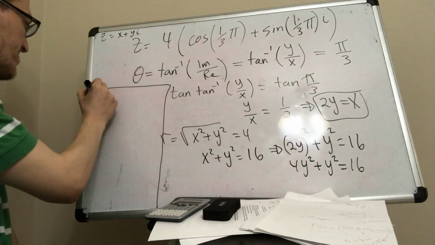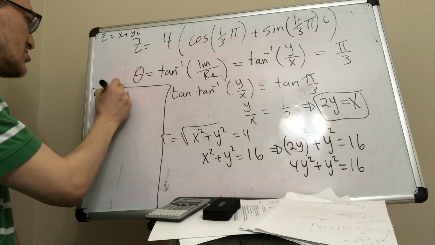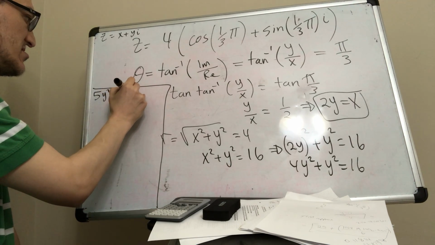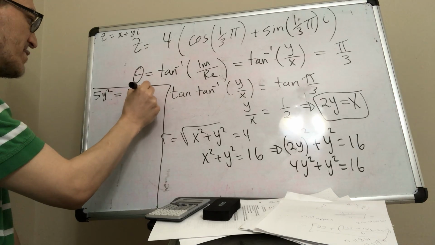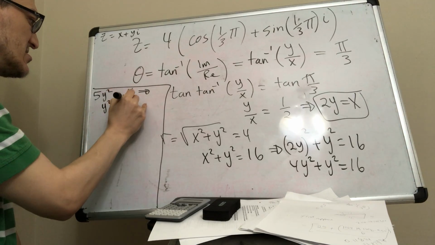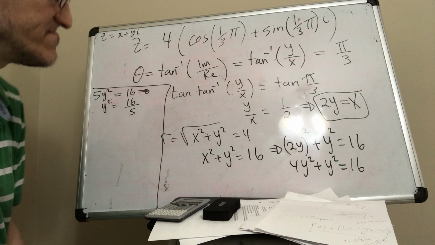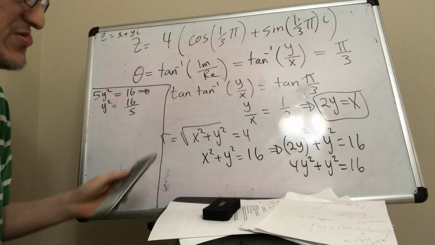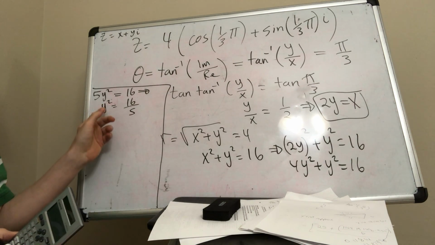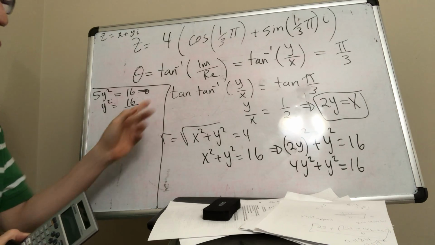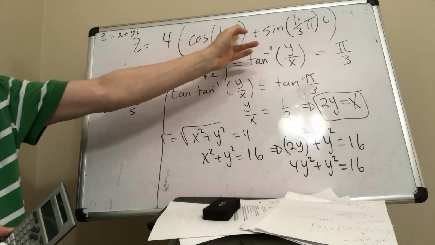So we have 5y squared equals 16. y squared is 16 over 5. So I square root this number, and I'm going to take the positive, because everything is positive.